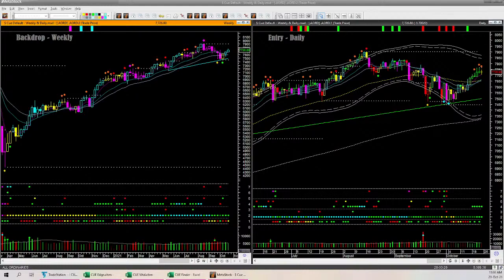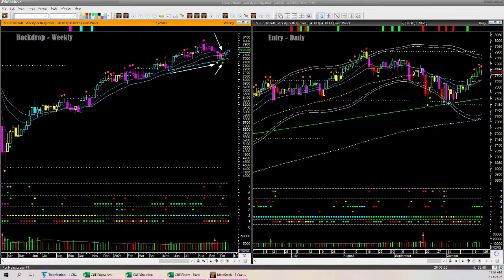Let's continue with a look at the global markets. First, a look at the Australian market, All Ordinaries. In the weekly chart, price has gone up from the recent swing low after displaying a bull release signal, at which point the backdrop color changed from magenta bearish to yellow neutral.